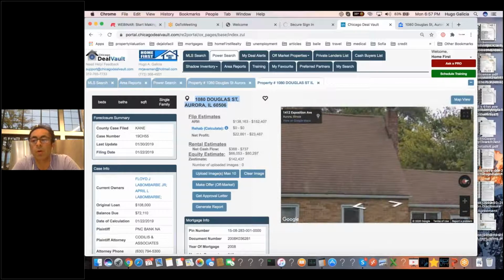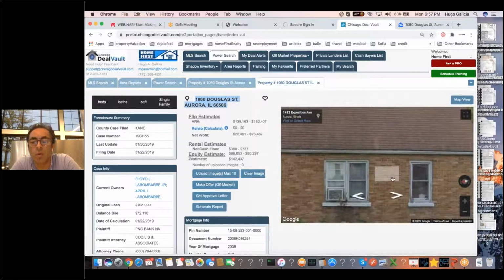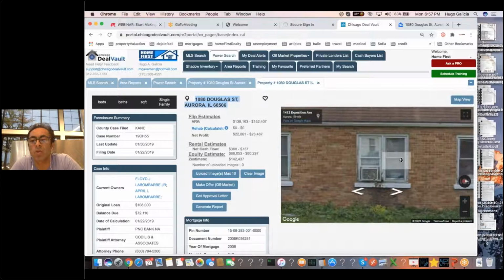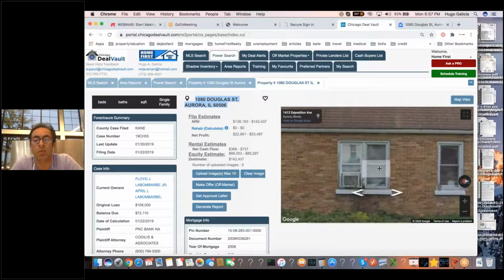The roof looks in okay condition. Windows, okay, something to keep in mind, guys: the windows need some work. You see all this peeling paint, so the windows need work, so they might need to be replaced.